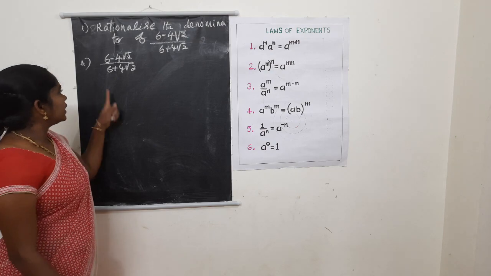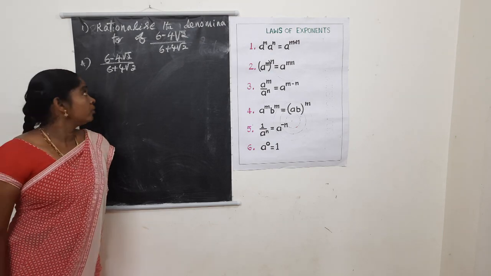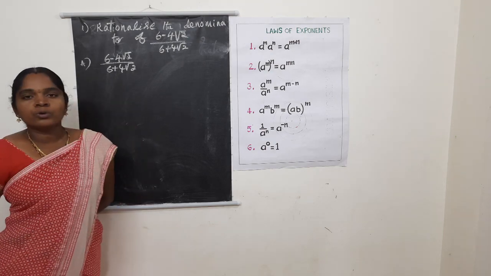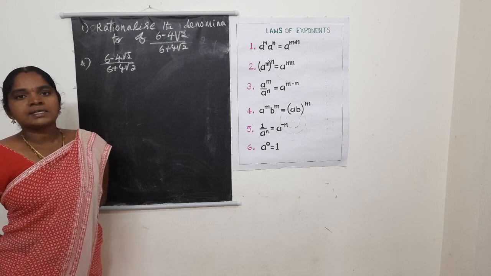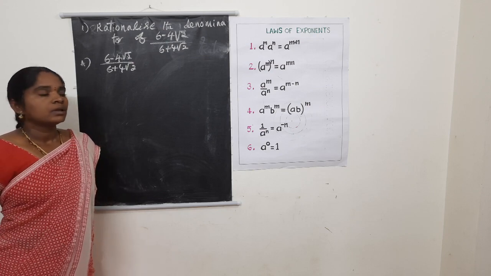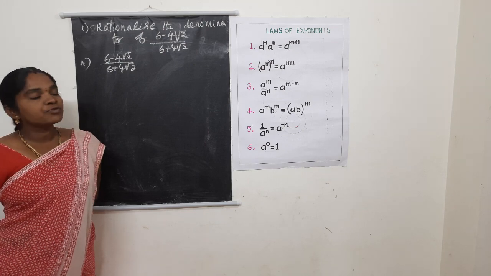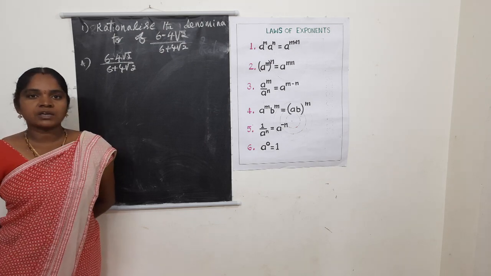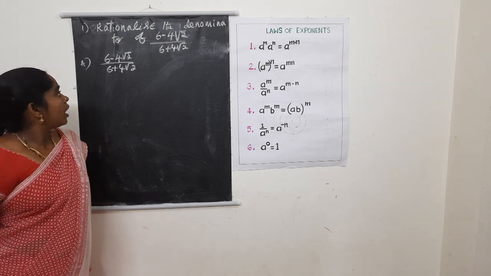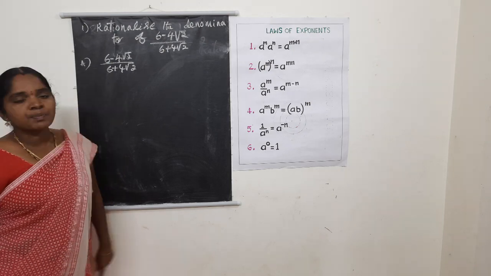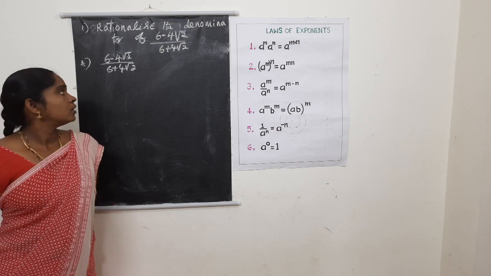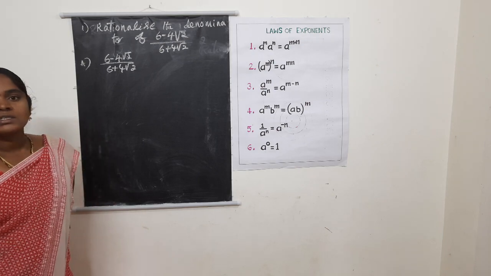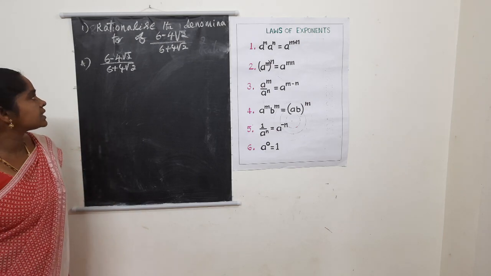Students, in the denominator we have 6 plus 4 root 2, which is an irrational number, and it is a binomial expression. How to rationalize this binomial expression? Just change this symbol.